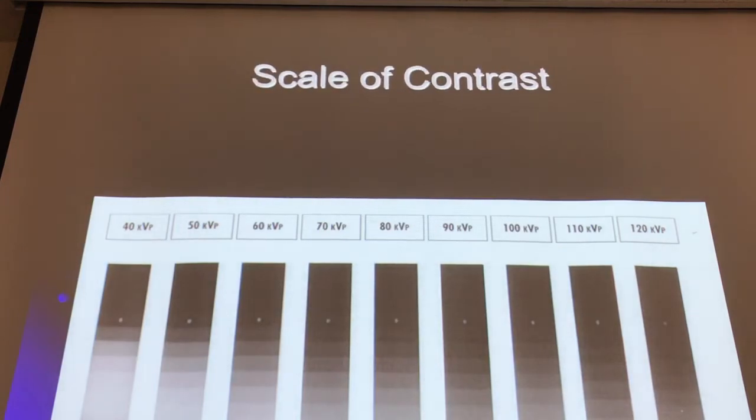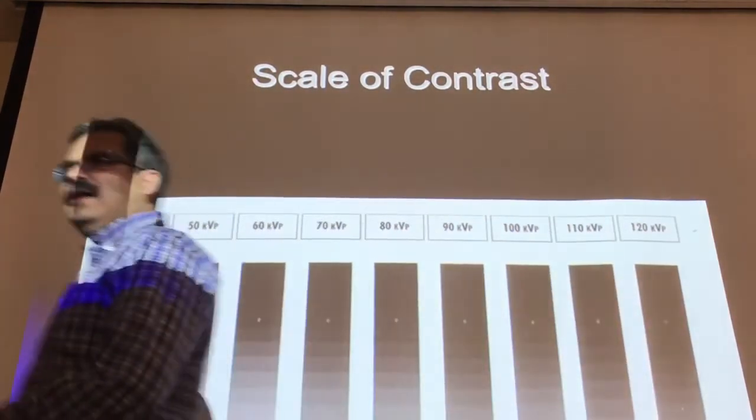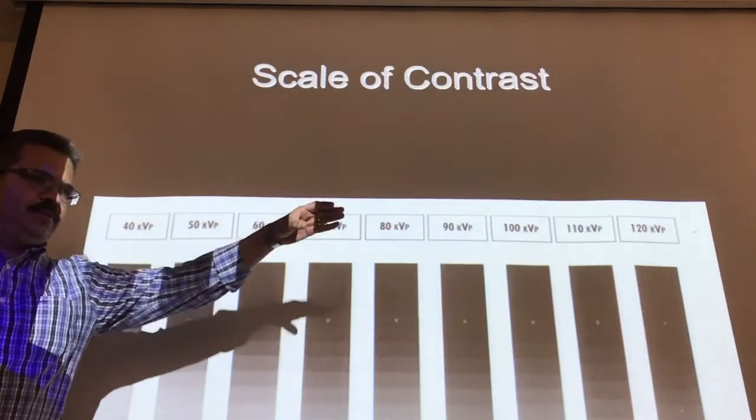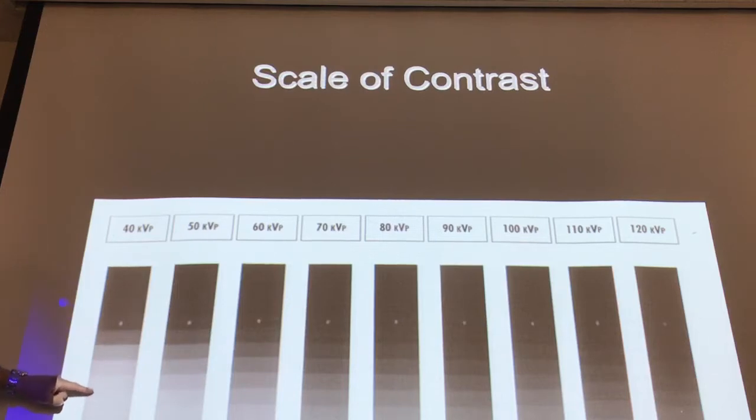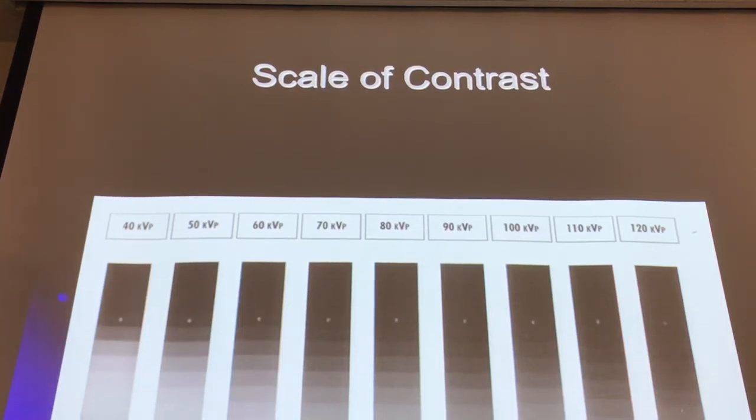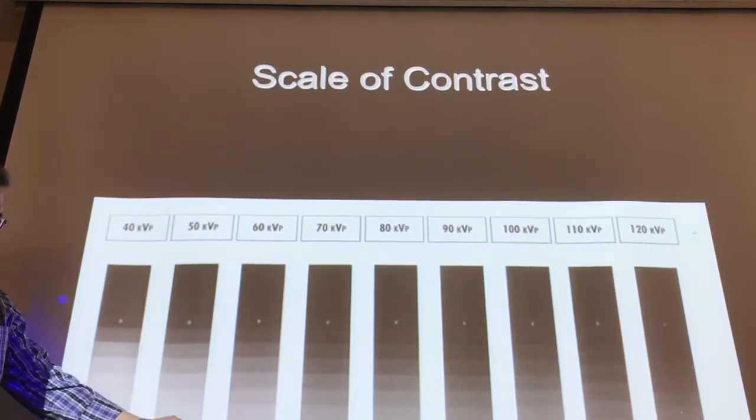All right, so when we look at a scale of contrast, and this is what I was describing before, for now, ignore the kVps. Don't look at the kVps. By the way, these radiographs were done with a penetrometer, the device I showed you on Friday. Here, for example, from here to here, you have different sets of values. Let's look at this one here. It's easier to see.